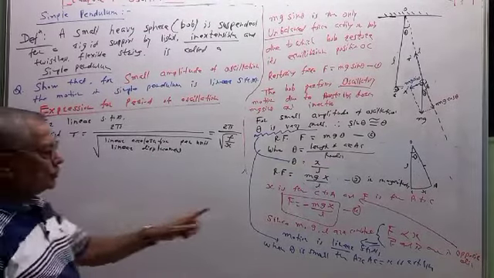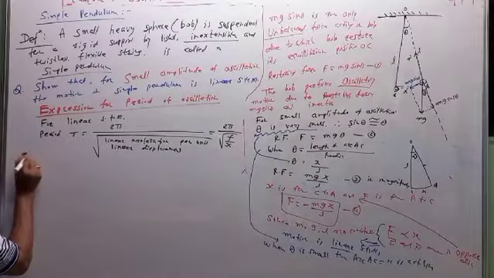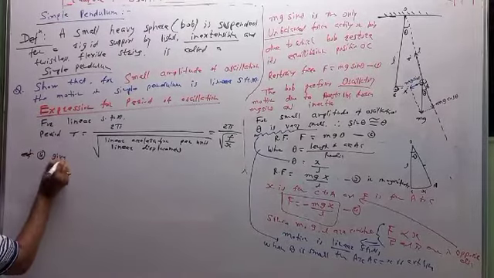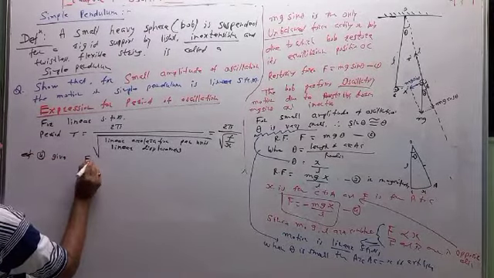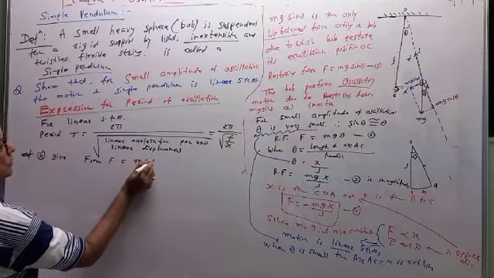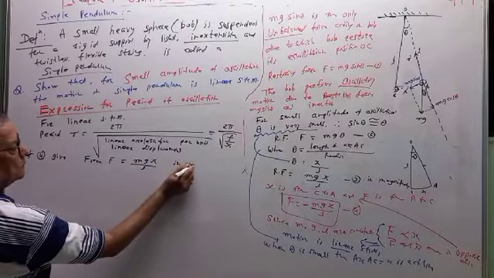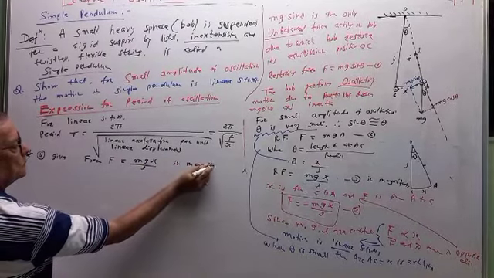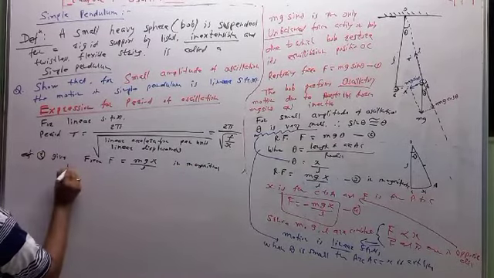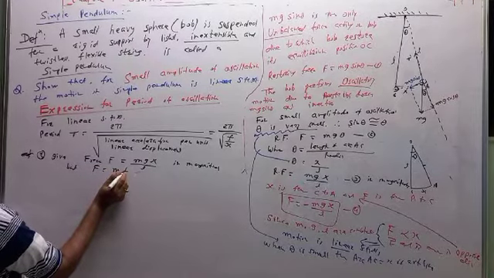So now we know this equation. Equation 4 gives force F is equal to m into g into x by L in magnitude. Sorry, this is equation 3. But F is equal to mass multiplied by acceleration.